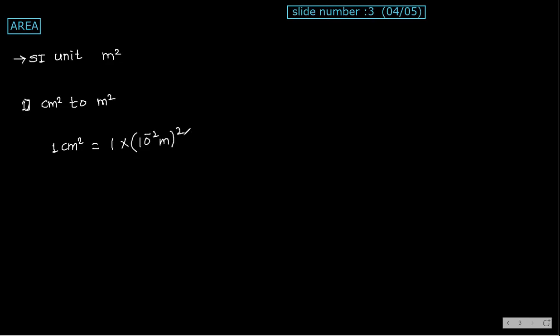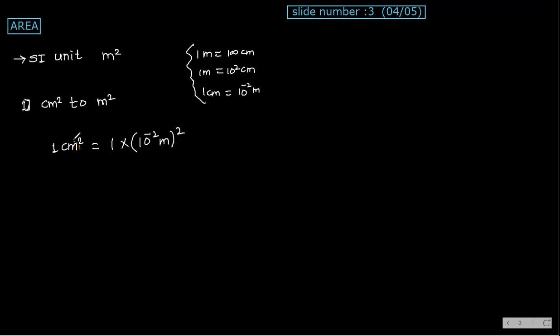What I did: already we know 1 meter is equal to 100 centimeter, that is 10 power 2 centimeter. If I am transferring here, 1 centimeter is equal to 10 power minus 2 meter, because this is going to be at denominator.